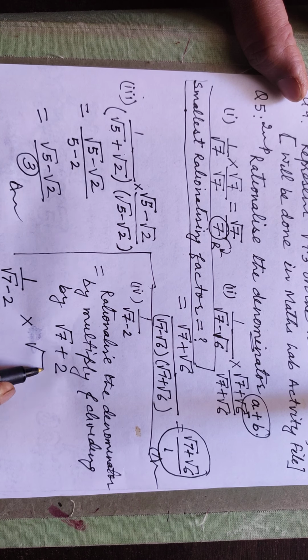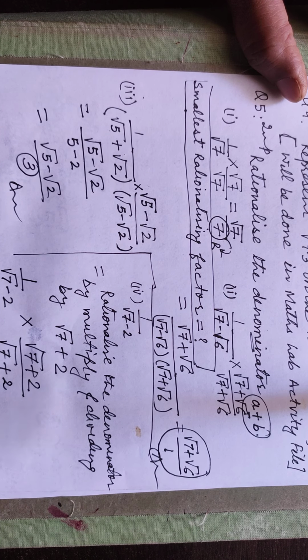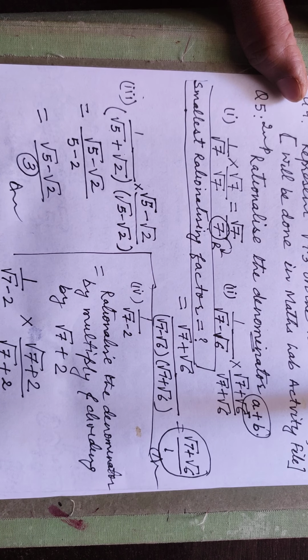I have to multiply and divide the numerator as well as the denominator by this factor. Simplify. Numerator is root 7 plus 2. Denominator is 7 minus 4, which is root 7 plus 2 upon 3. Again look at the denominator, it is a rational number, and this process is called rationalize the denominator.